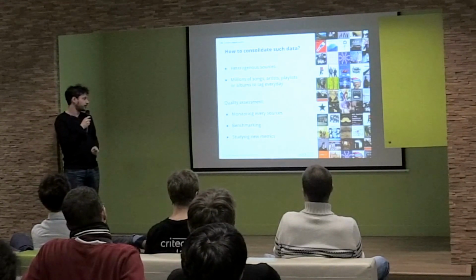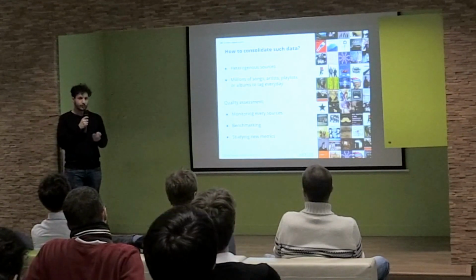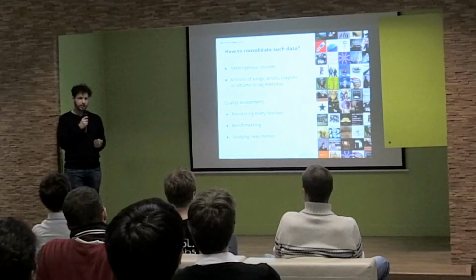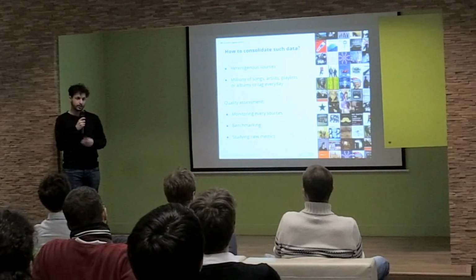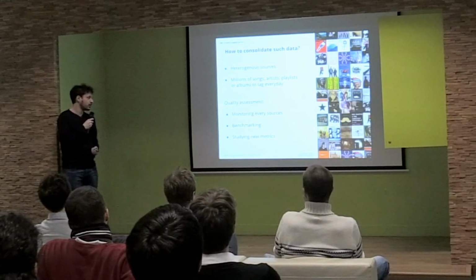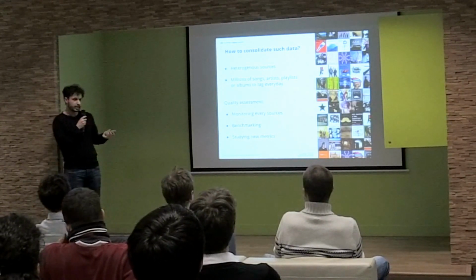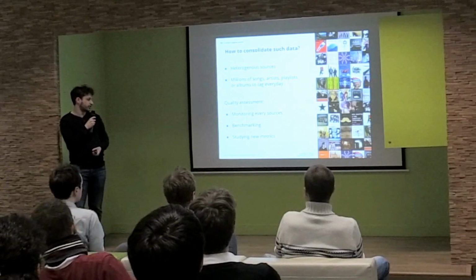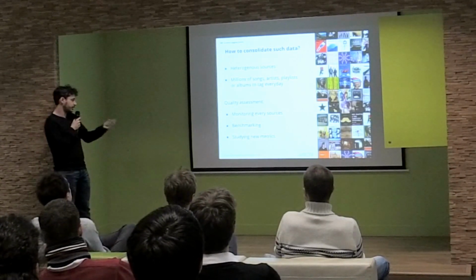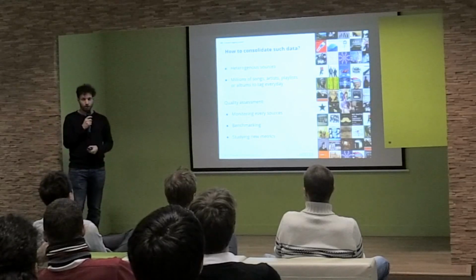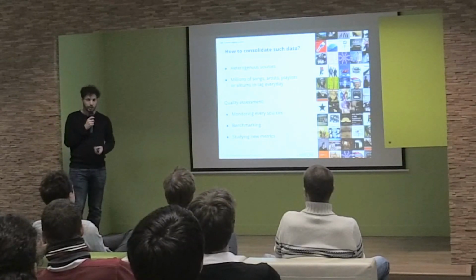We need to have great quality, because if the characterization is wrong and the user gets some bad content, that's really not what should happen. So that's why we monitor every source. We also have some offline benchmarking, and of course, that's a work in progress. We are also studying lots of metrics to improve our systems.